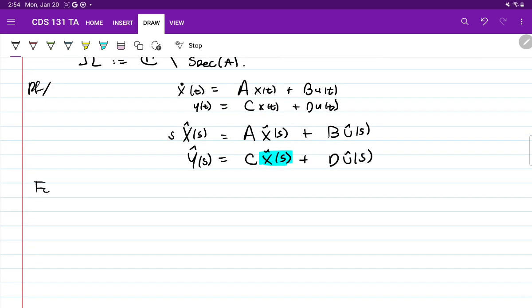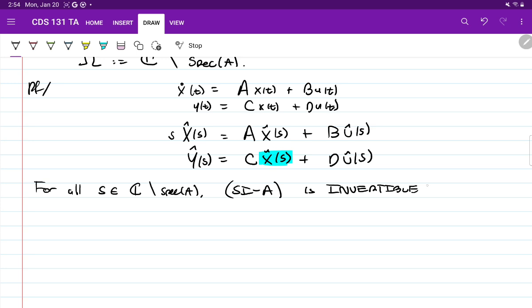So for all s belonging to C minus the eigenvalues of A, sI minus A is invertible. This is directly from the definition of an eigenvalue as something that makes the determinant of sI minus A equal 0. If we're not at one of those points, this will be an invertible matrix, otherwise s would need to be an eigenvalue.